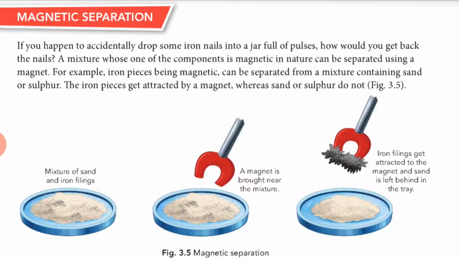The iron filling will be attracted toward the magnet. This process is called magnetic separation, right? And all the impurities made up of iron, nickel and cobalt present in the flour will be removed this way.